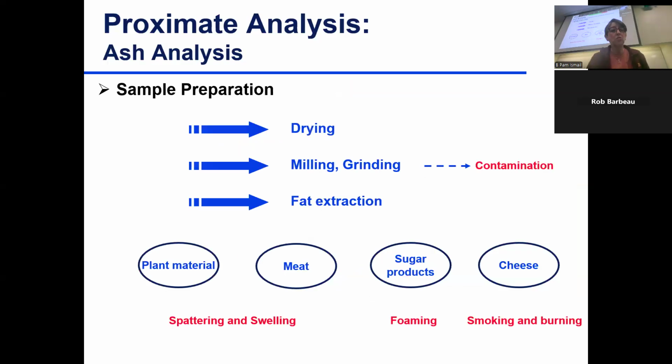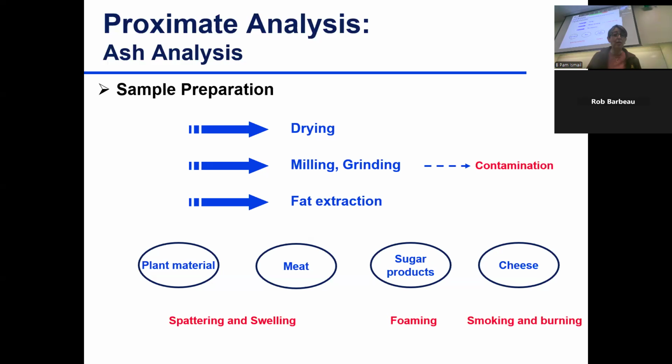All right. So how do we prepare the sample? Those of you that have cheese products, cheddar cheese and Parmesan cheese, these are relatively high moisture and also high fat products. So those of you doing ash content in cheese will get a pre-dried sample.